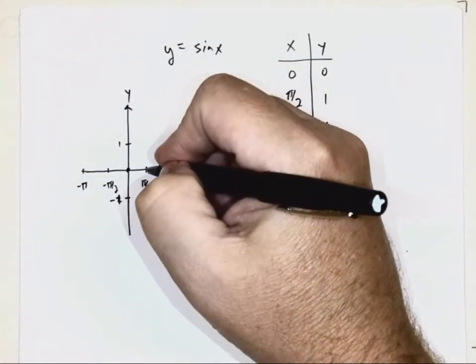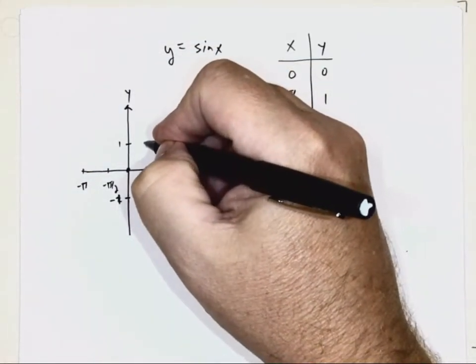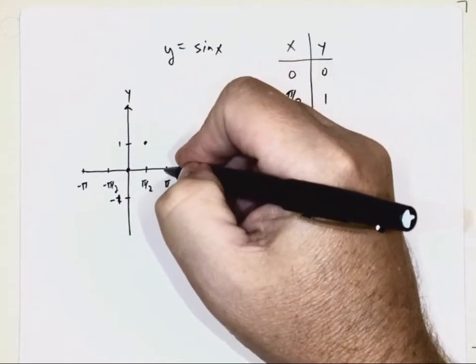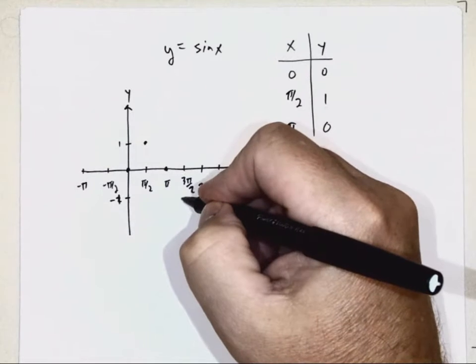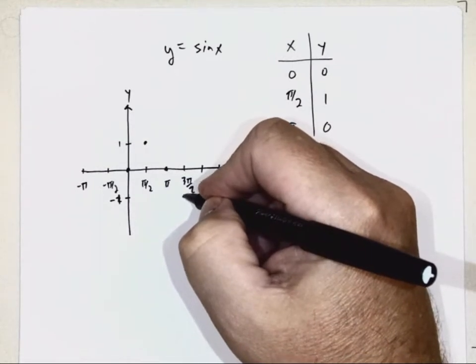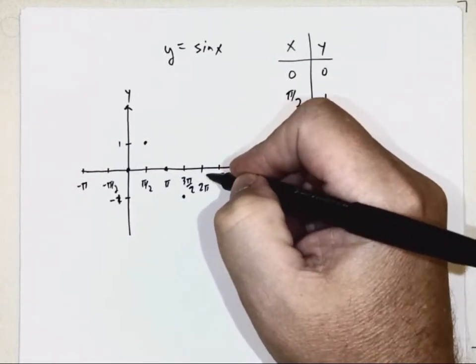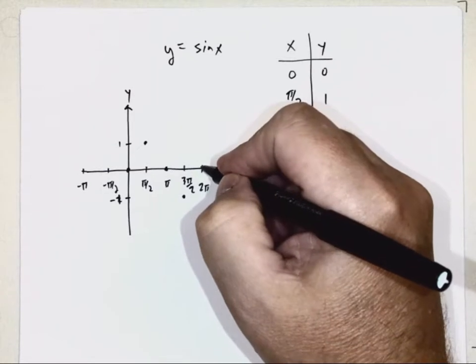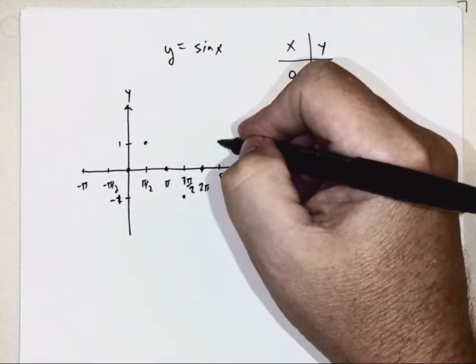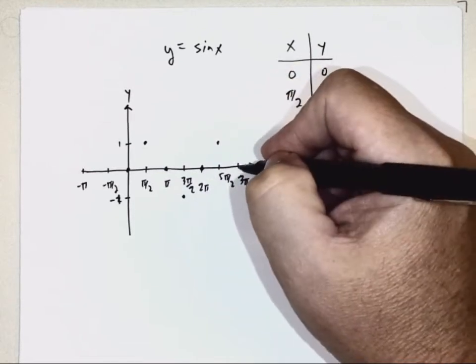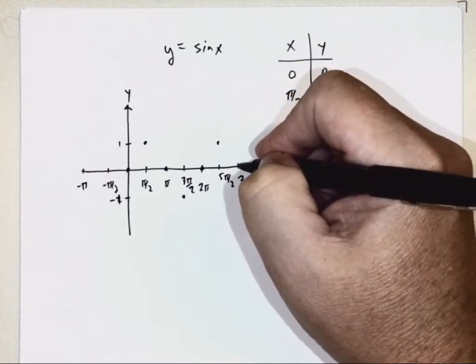I go to pi over 2, the sine of pi over 2 is 1, so I'm up here, and then the sine of pi is back to 0, but then the sine of 3 pi over 2 is negative 1, and then the sine of 2 pi is back to 0. If I do a few more points, the sine of 5 pi over 2 is back to 1. Sine of 3 pi is 0.